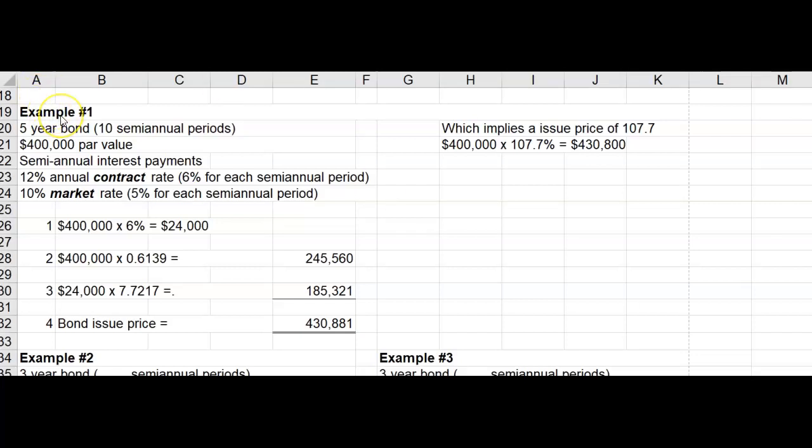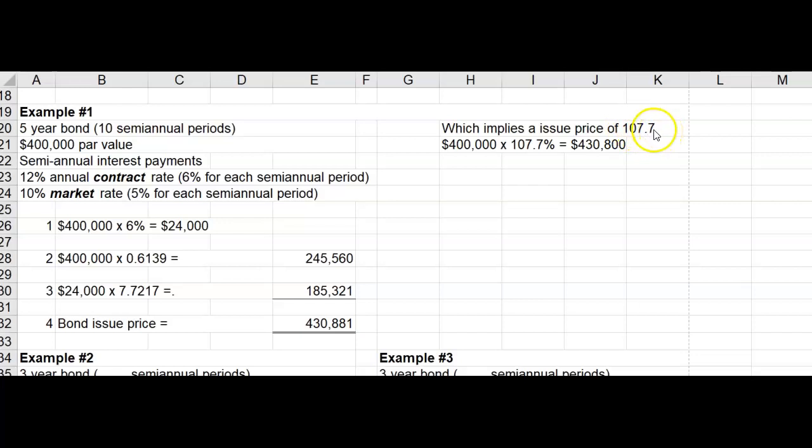On June 30th, 20X1, Simpson Corporation issued a 12% 5-year bond with a par value of $400,000 and semi-annual interest payments. On the issue date, the annual market rate of interest for these bonds is 10%, which implies a selling price of 107.7.